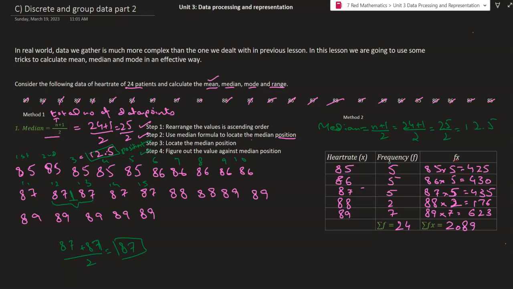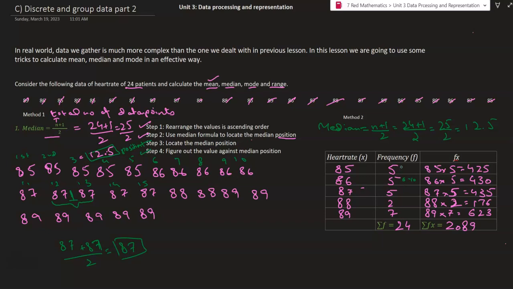From this, we can use the frequency column. 85 has a frequency of 5, so positions 1 to 5 are 85. Then from the 6th to the 10th position we have 86.